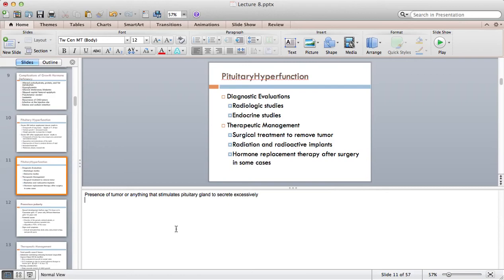If it's just a tumor pressing on it that is making it overproduce, they can take it out, and if the gland is able to produce enough for adequate growth, they don't do any replacement. But if it's not enough after they remove that tumor or part of the pituitary gland, then they can augment it because we need to still sustain growth until the child is able to live without the hormone.